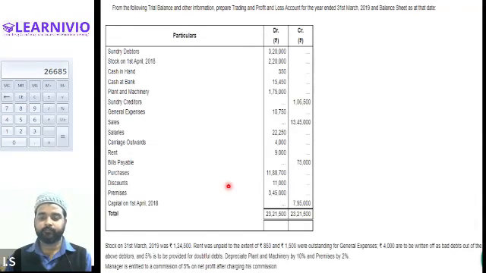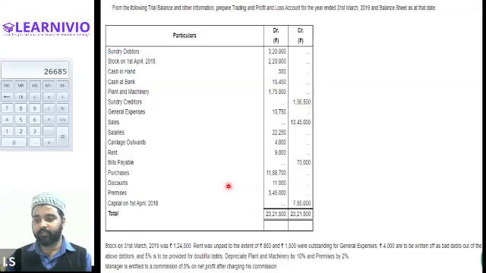Got it? Yes, sir. And the net profit that you will get: in this particular question, you will have a net loss of 42750. Net loss should be 42750.